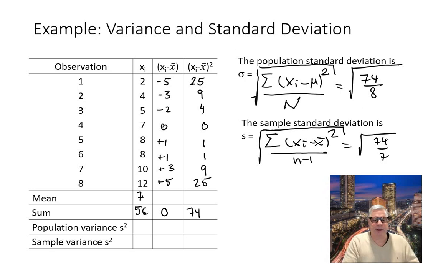So if you use the formula for the population standard deviation, that is the square root of 74 over 8. We get 3.041.